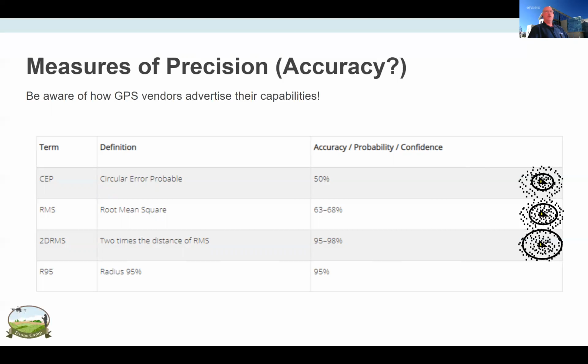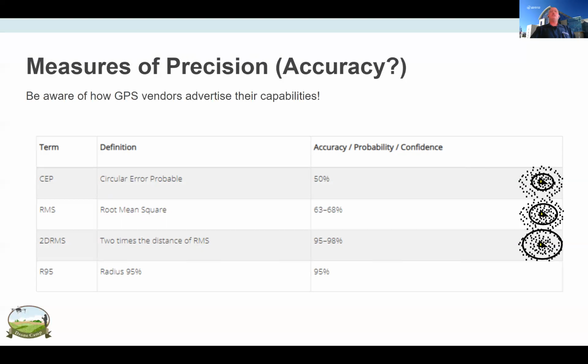RMS is the next one, and that's root mean square, which means that 63 to 68% of the positions are going to be within that circle. And then 2D RMS is 2 times the distance of RMS, and that encompasses 95 to 98% of the positions.